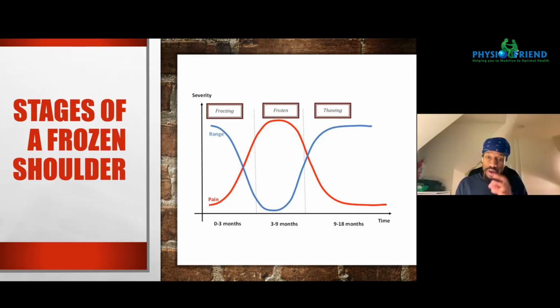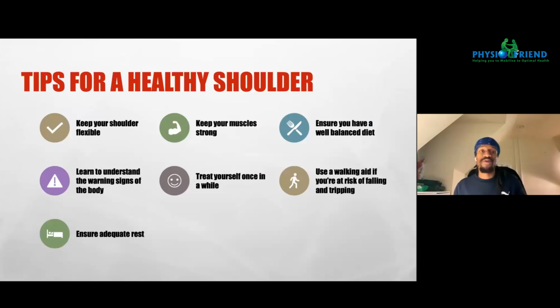So yeah, these are some of the problems that happen. There's much more in different categories, but just to simplify it, these are kind of a healthy shoulder. You want to keep the shoulder flexible.